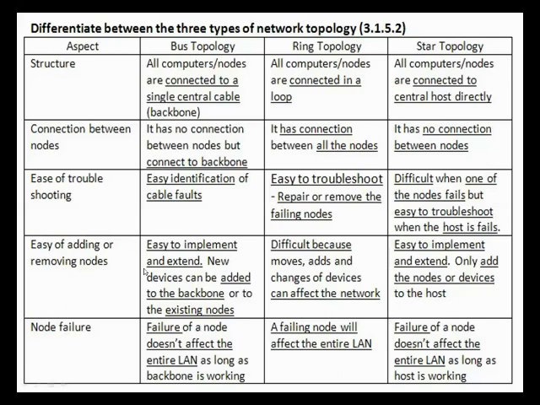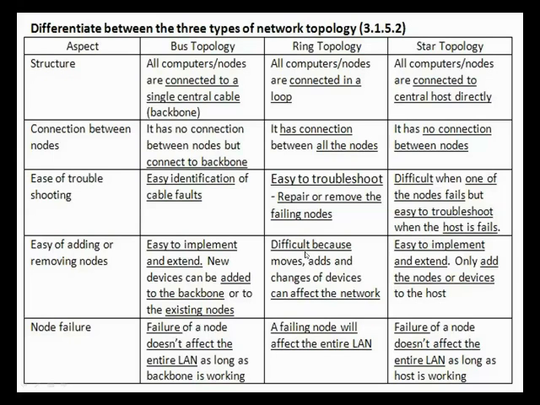Now, ease of adding or removing nodes. How can we add or remove nodes? Bus topology is easy to implement and extend. New devices can be added to the backbone or to the existing nodes.